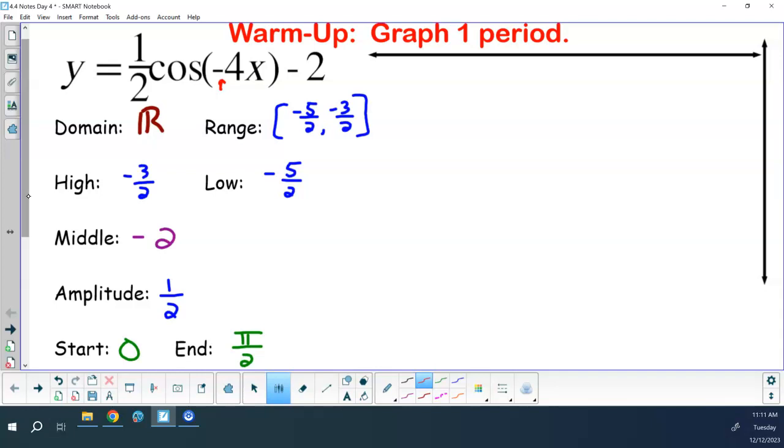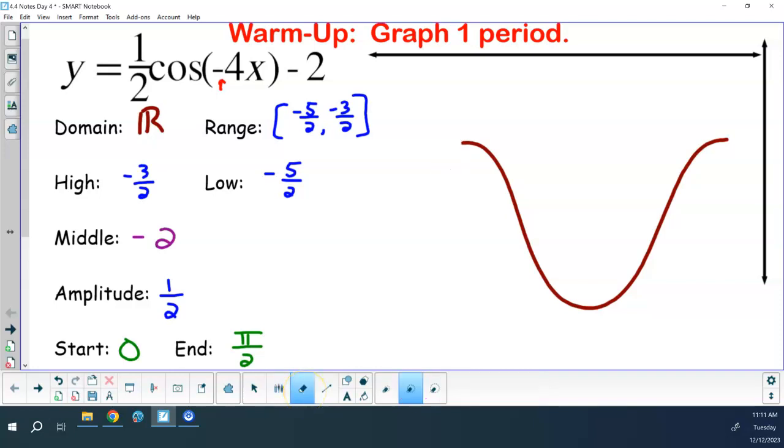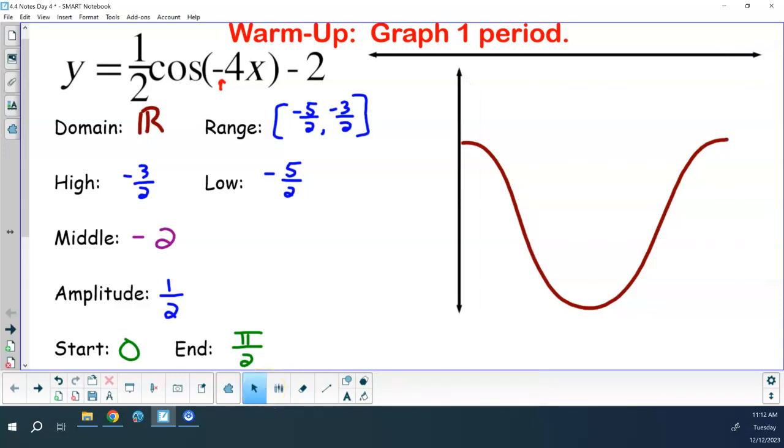So cosine starts up high, comes down, ends up high. Vertically, we started at 0.